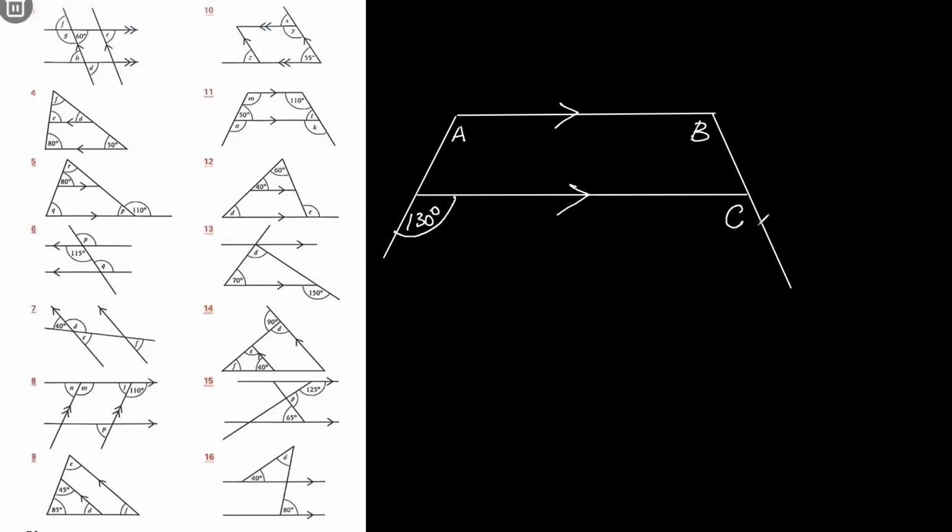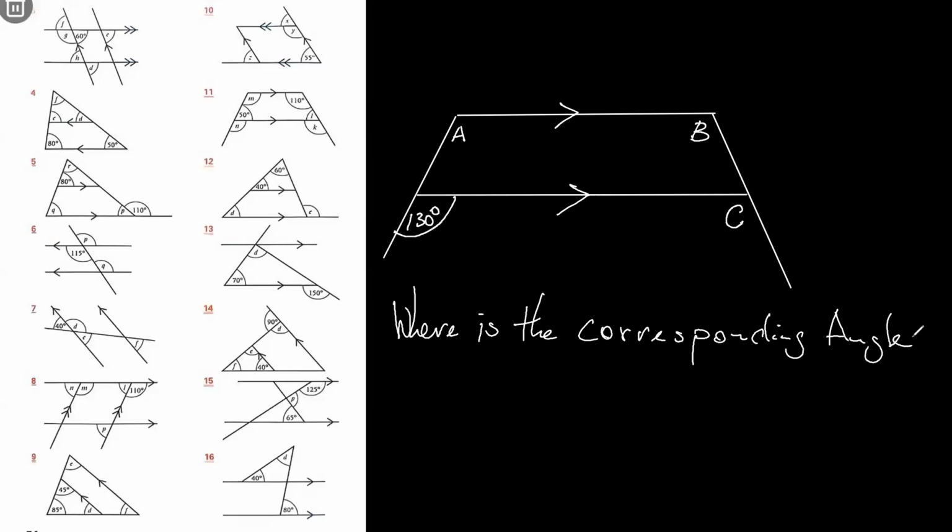Put your answers in the chat. Where is the corresponding angle? Is it A, B, or C? Put your answers in the chat. I'm going to mark if it's correct.